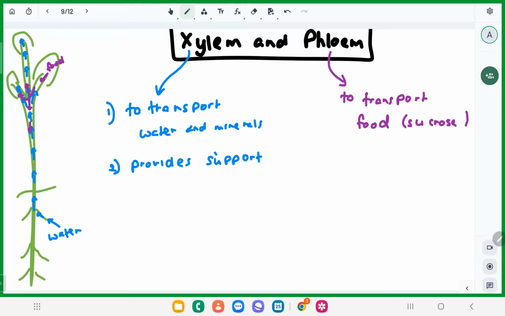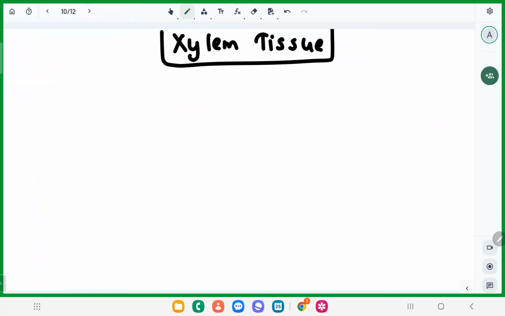Now, let's start with the xylem tissue. I mentioned earlier how this is called a complex permanent tissue. The reason it's called complex is because the xylem tissue has different types of cells within it. There are actually 4 different types of cells within a xylem tissue.